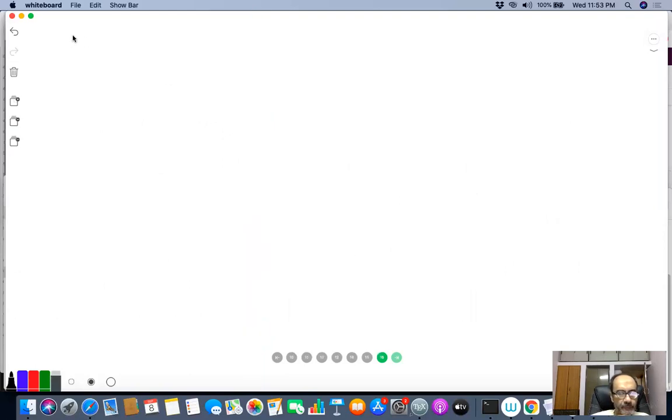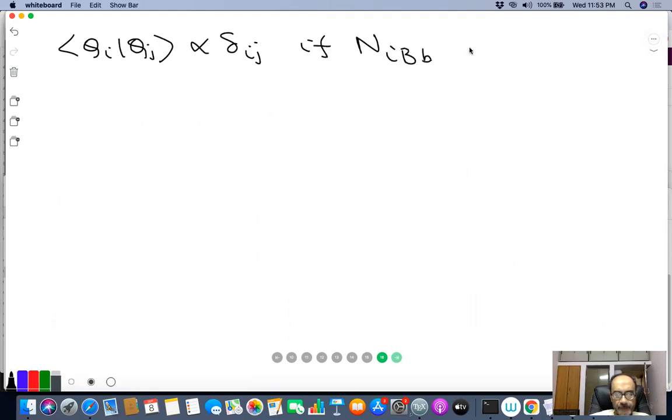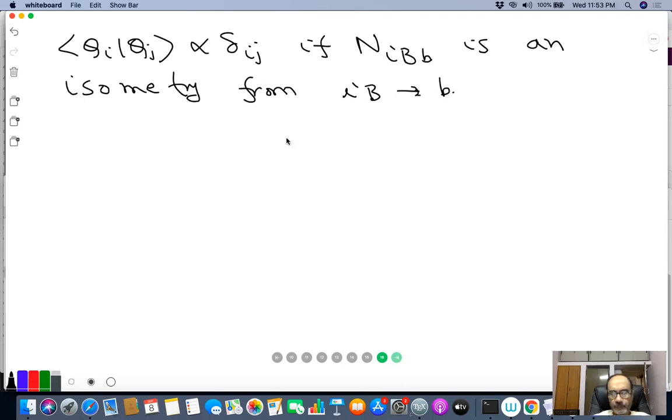Similarly, Qi Qj is proportional to delta Ij if N I B b is an isometry from I B to B. Next time we will see to what extent this is true, whether M and N are both isometries for the minimal length cut.